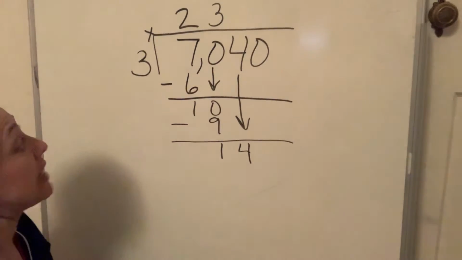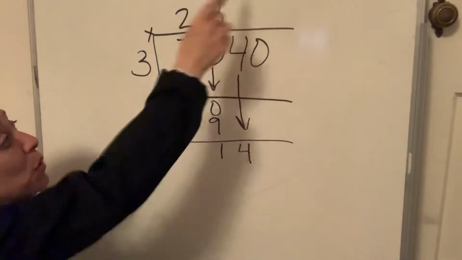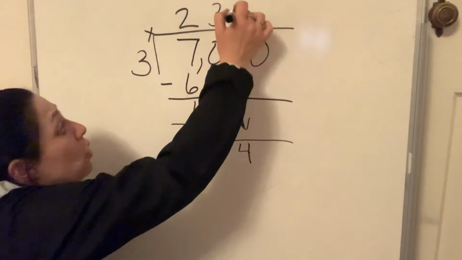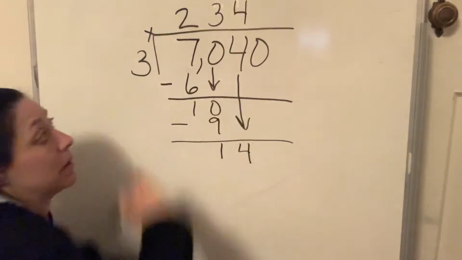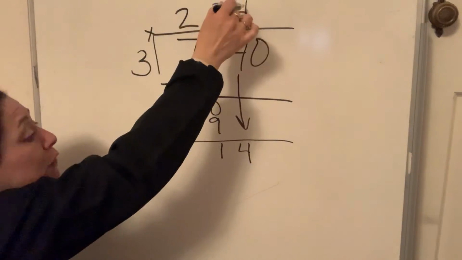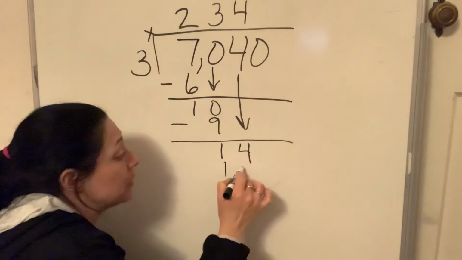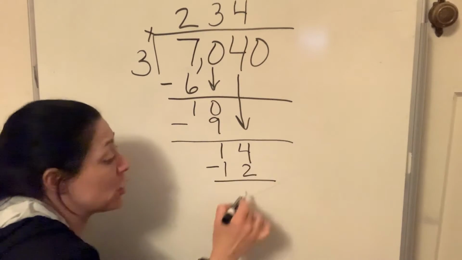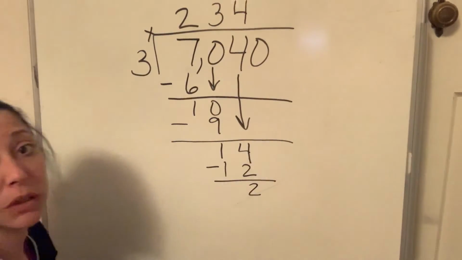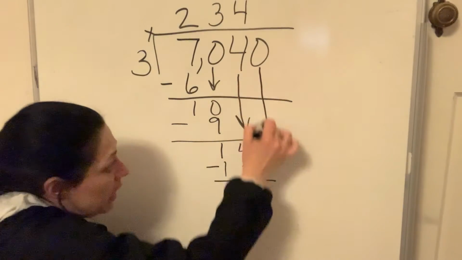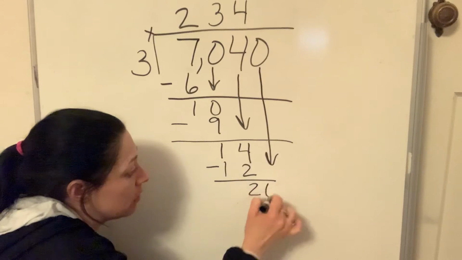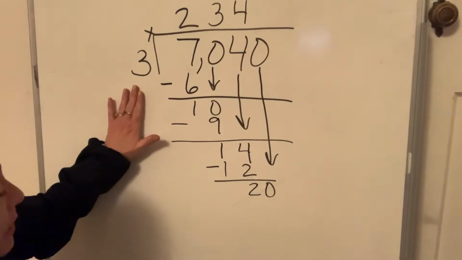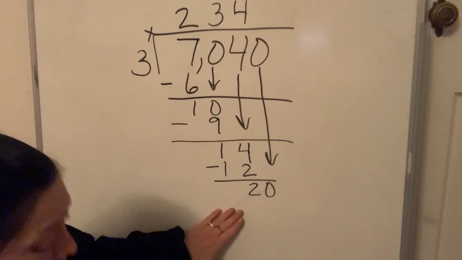So now I say to myself, how many times does 3 go into 14? Well, I think it goes in 4 times. 3 times 4 is 12. And then I subtract. 14 minus 12 is 2. Bring down my 0. Now I have the number 20. How many times does 3 go into 20?